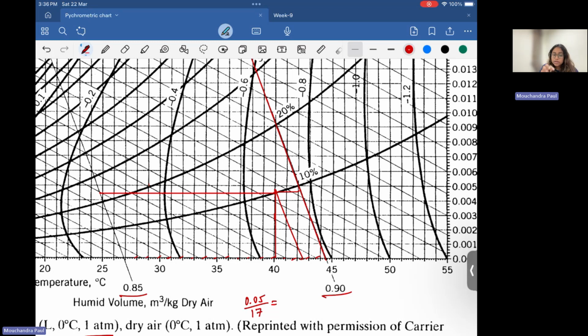That means each marking corresponds to close to 0.003. Relative to 0.9, this point is around 3 markings away.